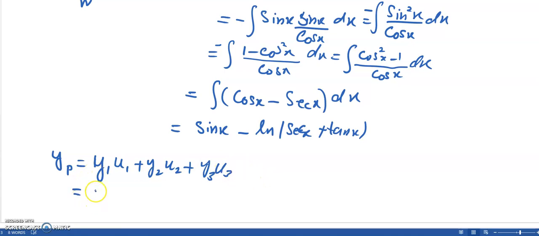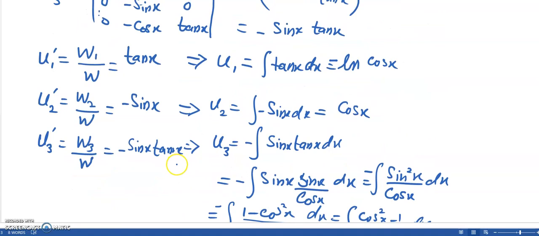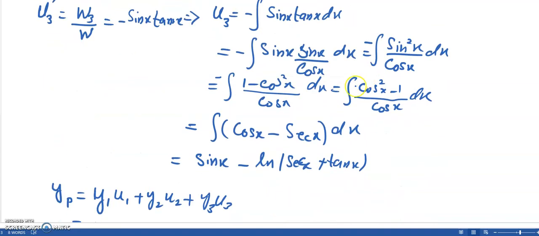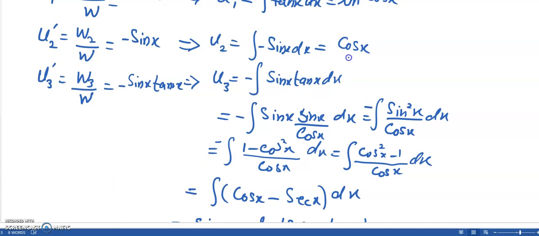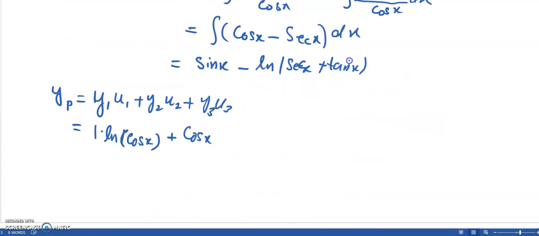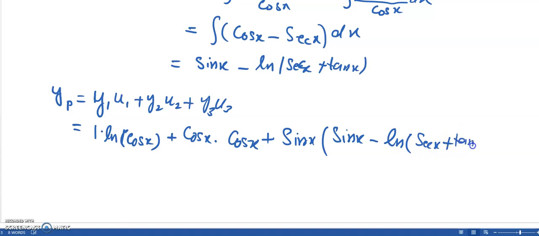Now we can write: y1 was 1, u1 was minus log of cosine x, and then y2 was cosine x, and u2 was cosine x, so it's times cosine x, and y3 was sine x, and u3 is sine x minus log of secant x plus tangent x.